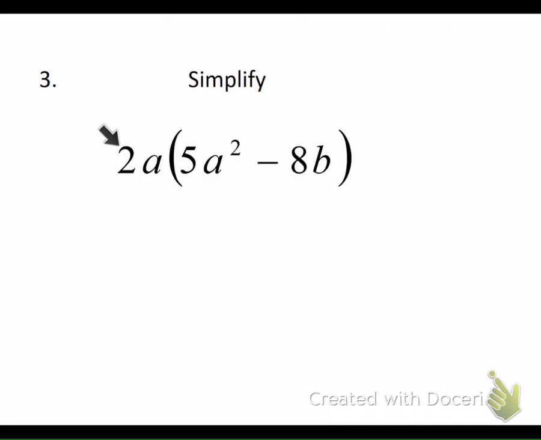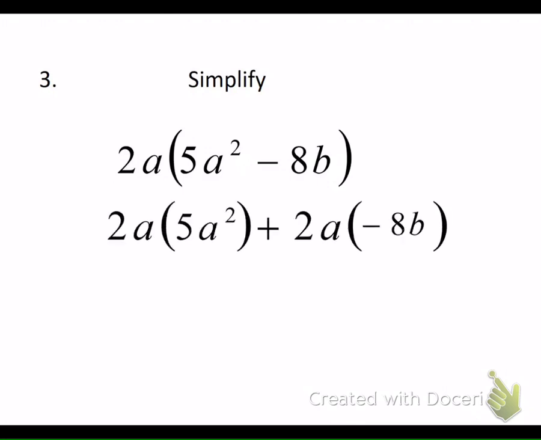So we are going to do 2a times 5a squared, which would be 10a to the third. Good. And then in the back, we're going to do 2a times negative 8b. Negative 16ab. Good. So there's our final answer.